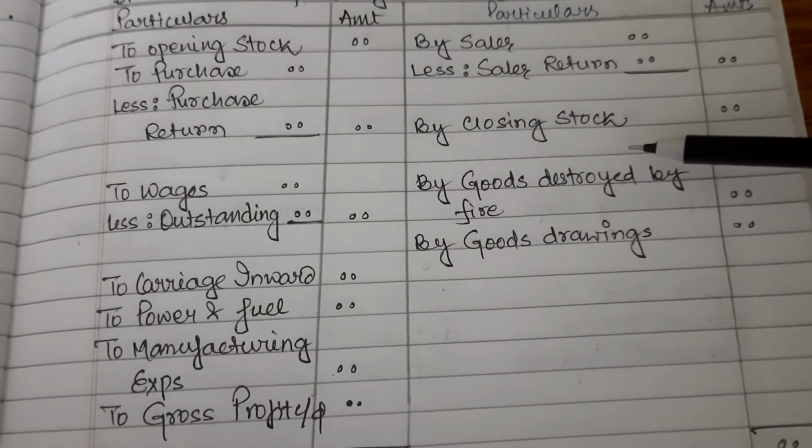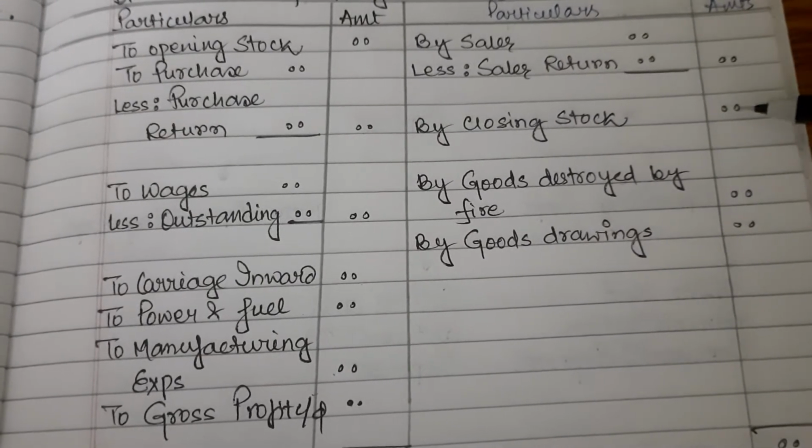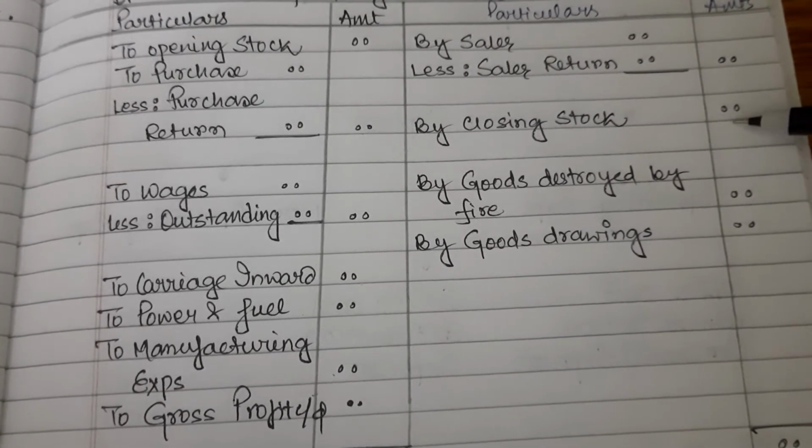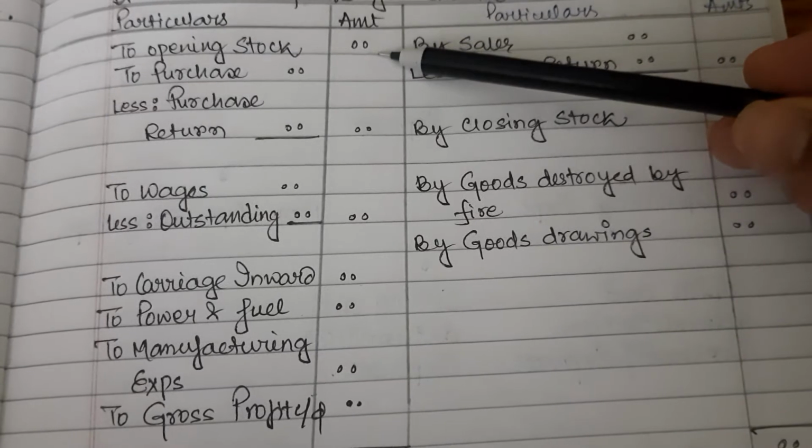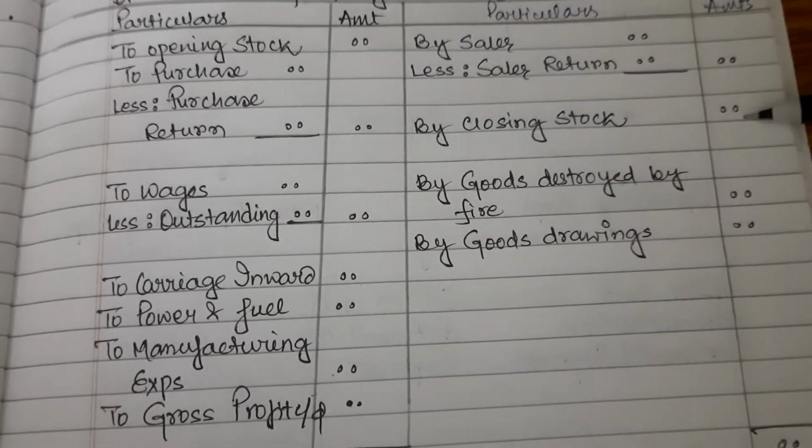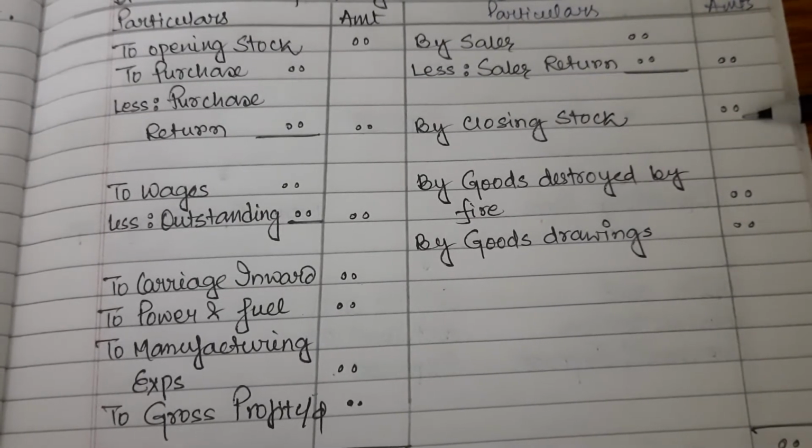Now come to your credit side. After our sales, you have to write the closing stock. That means if any stock remains unsold for the year ending, you have to maintain that at first. Here we started with opening stock, and here the stock that remains is closing stock.